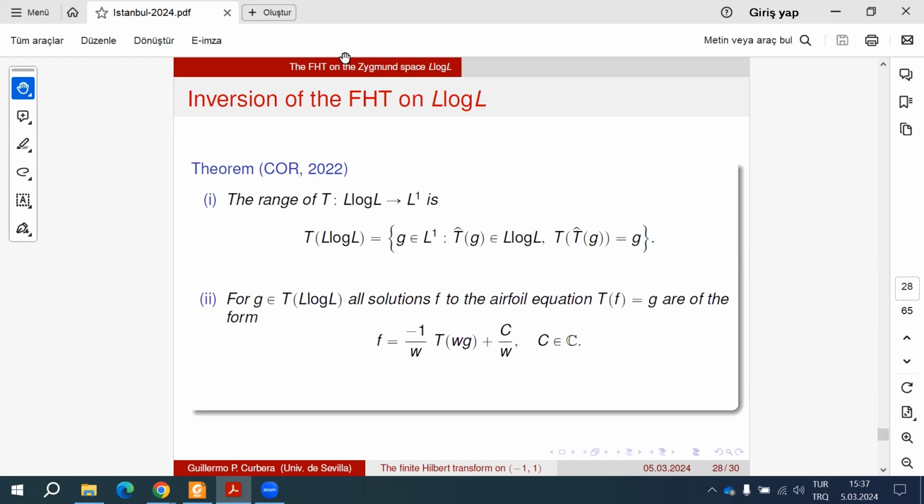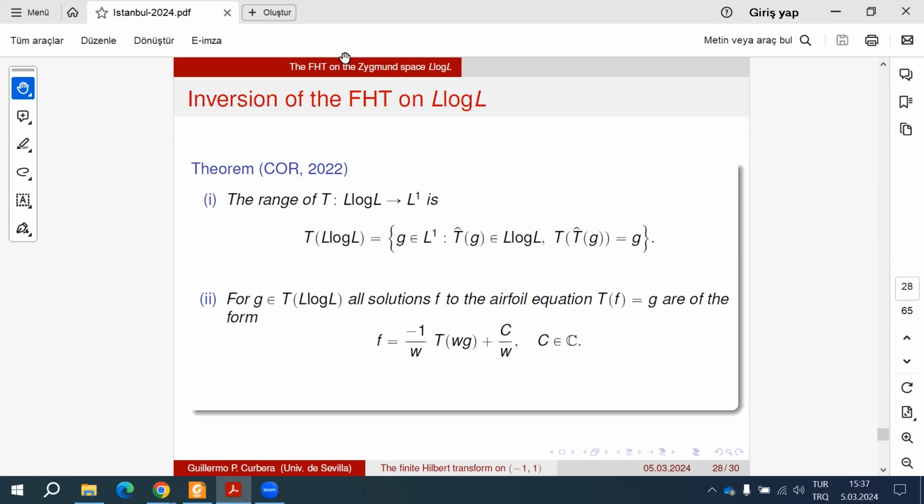Then if we have a function in the range, the solution of the equation is exactly as this. So this solution which existed for L^p between 1 and 2 can be extended to L log L.